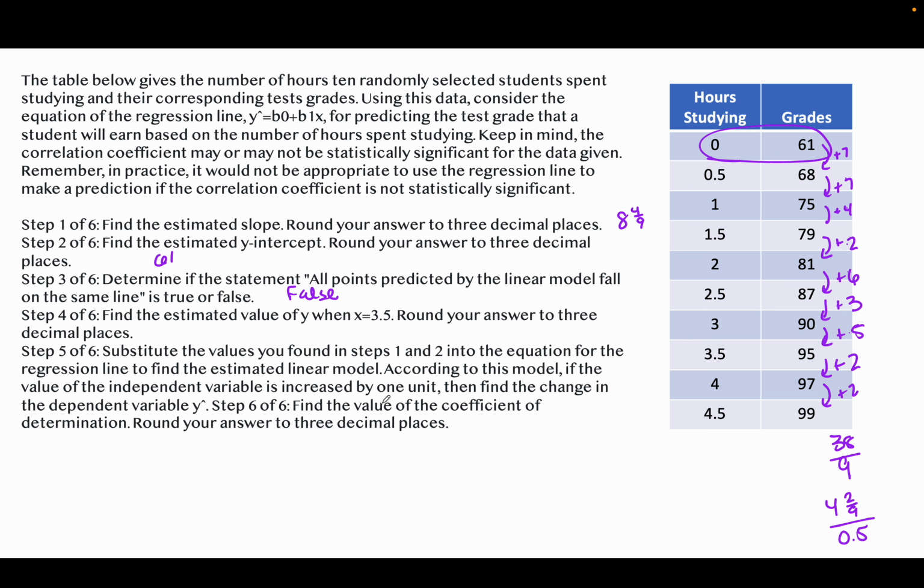Find the estimated value of y when x equals 3.5. So right now we have an equation of y equals 8 4/9 x plus 61. So y equals 8 4/9 times 3.5 plus 61. 8 4/9 times 3.5 is 29.6, we'll say, plus 61.